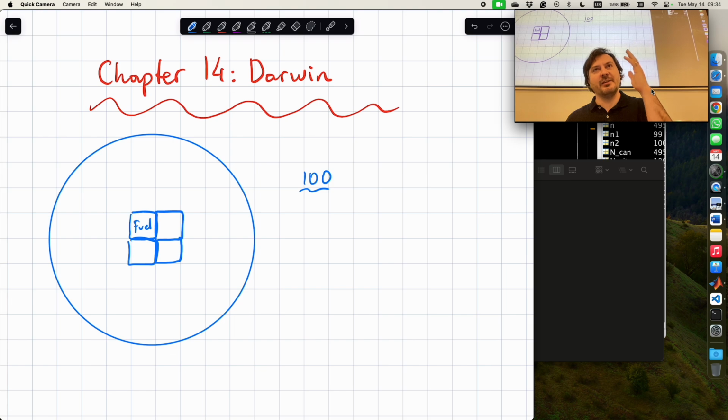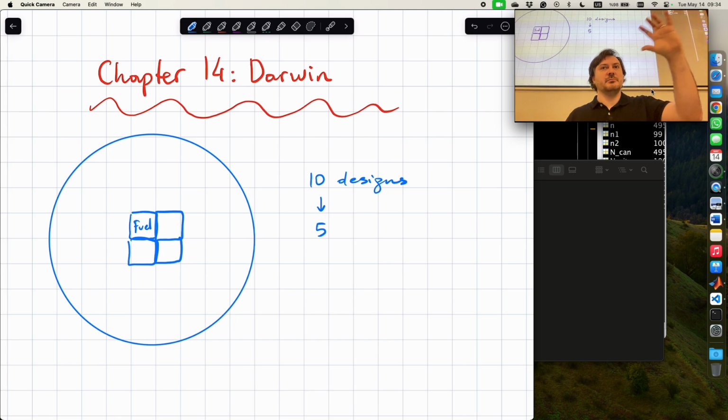You start with a random initial design, 10 designs. And you basically pick the top 5 based on your fitness algorithm, the top 5 most fit designs. Once you have those top 5 designs, those become parents.